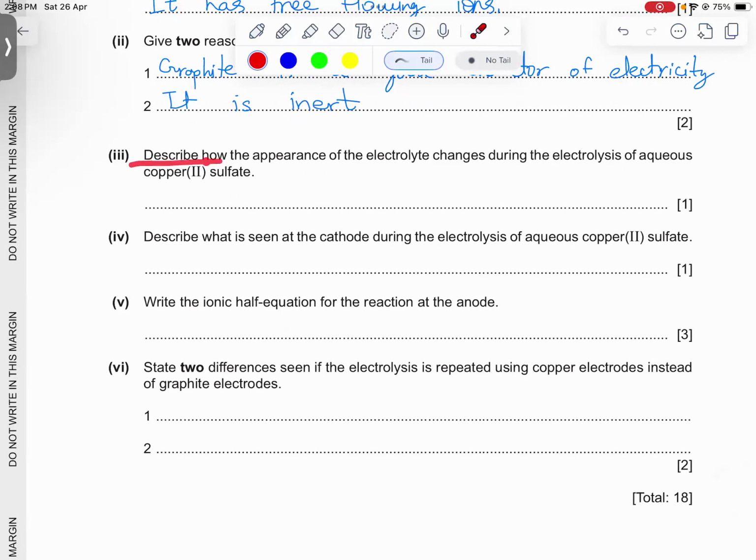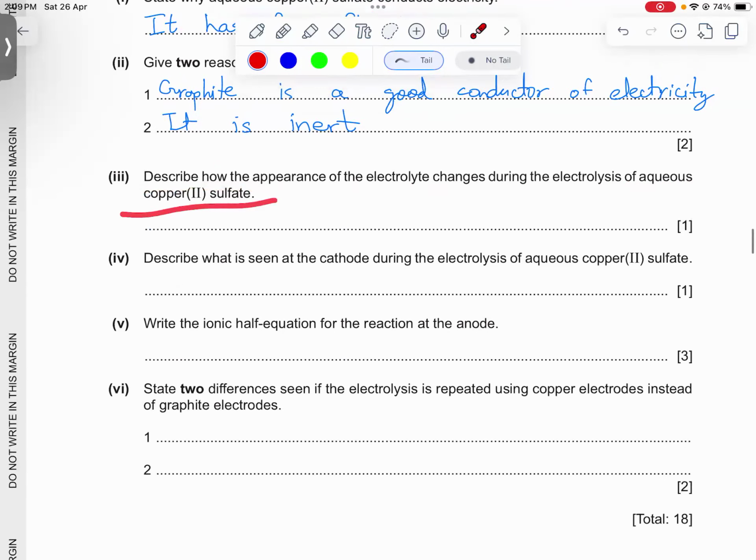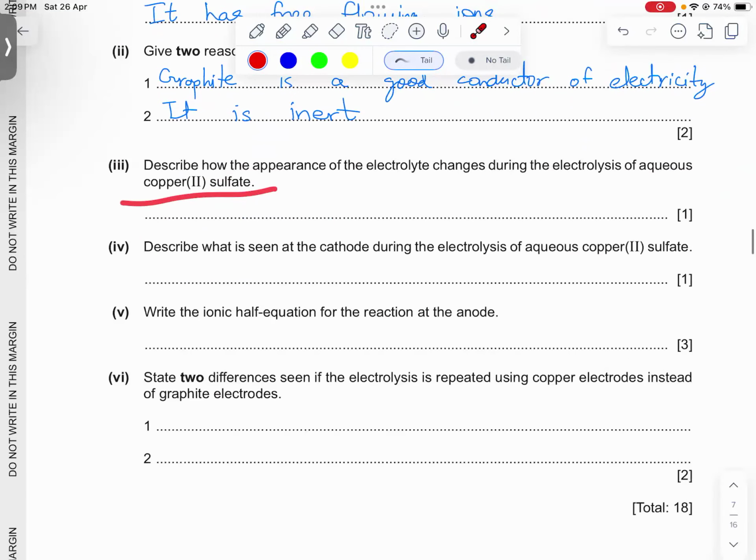Next question. Describe how the appearance of the electrolyte changes during the electrolysis of aqueous copper 2 sulfate. We have done it in our notes, right? When aqueous copper 2 sulfate undergoes electrolysis, the hydroxide ions go to the anode and the copper ions go to the cathode. The solution was blue in color because of the copper ions.